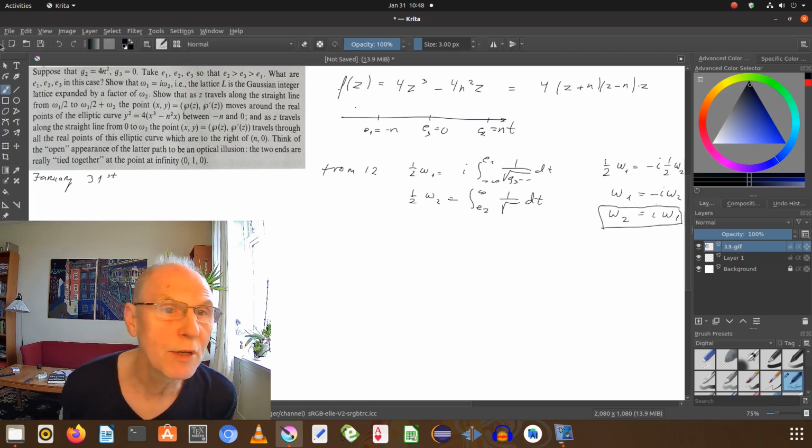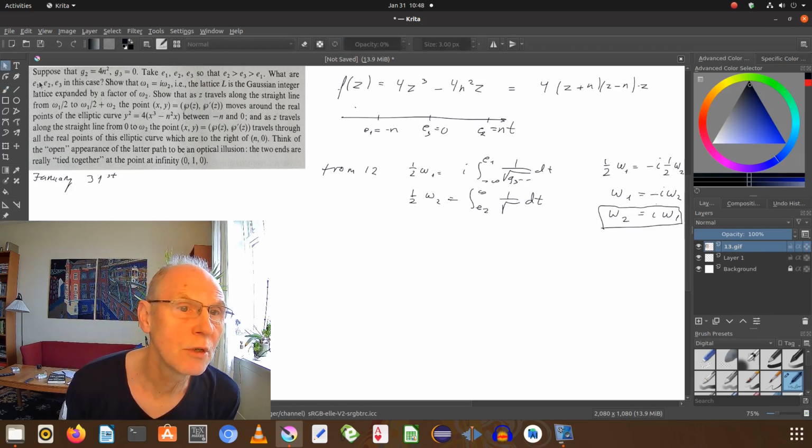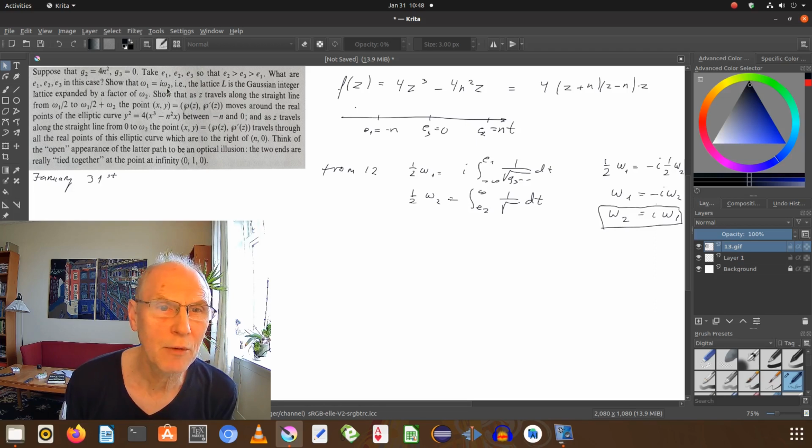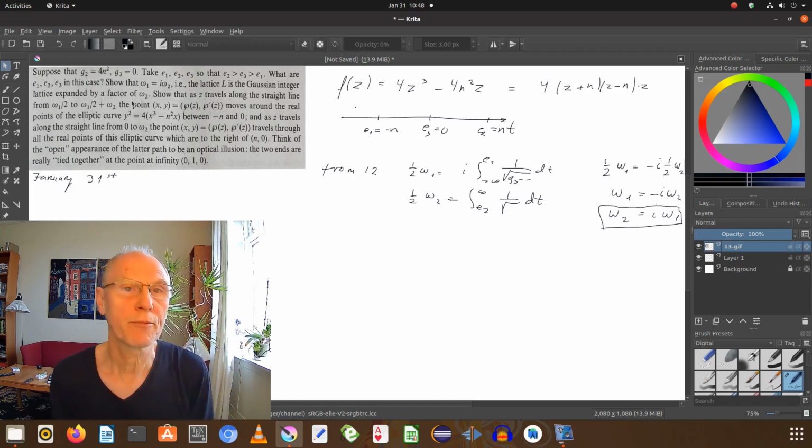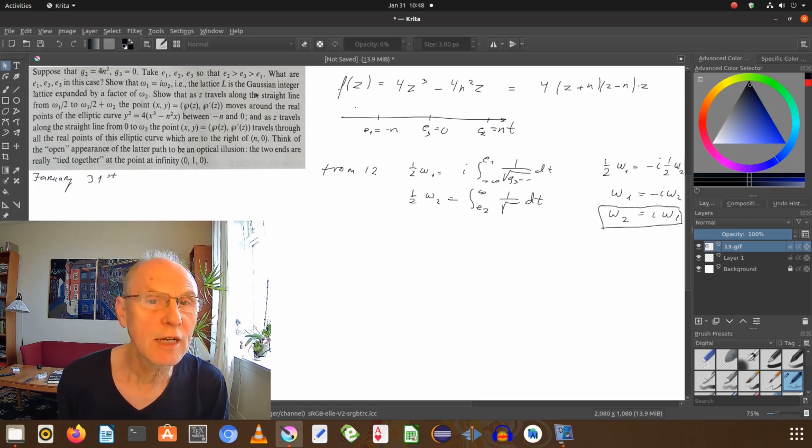That's hopefully what we had to show. They write it the other way around. Never mind. So the lattice is the Gaussian integer lattice, expanded by a factor omega 2.